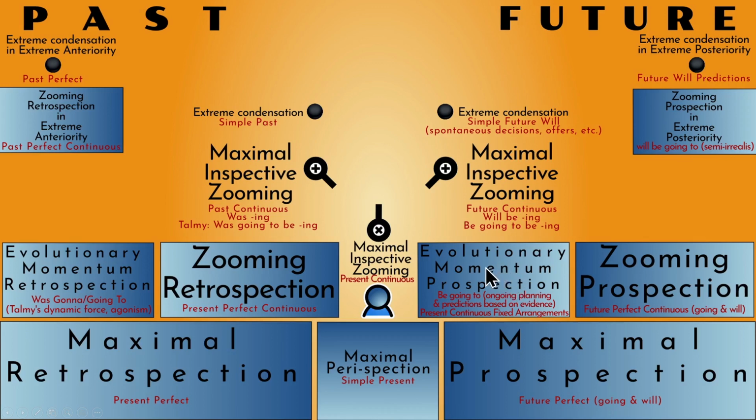Of course, it is expected that going to is also good for predictions based on evidence, precisely because you're able to look at what is going on around. For instance, let's say that I look out my window and I see black clouds, then I have evidence, I have seen something in the surroundings that allows me to predict that something is about to happen.